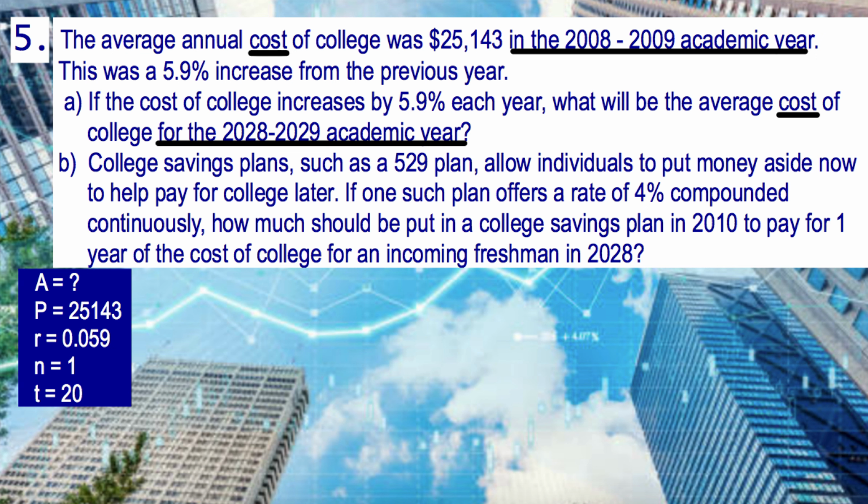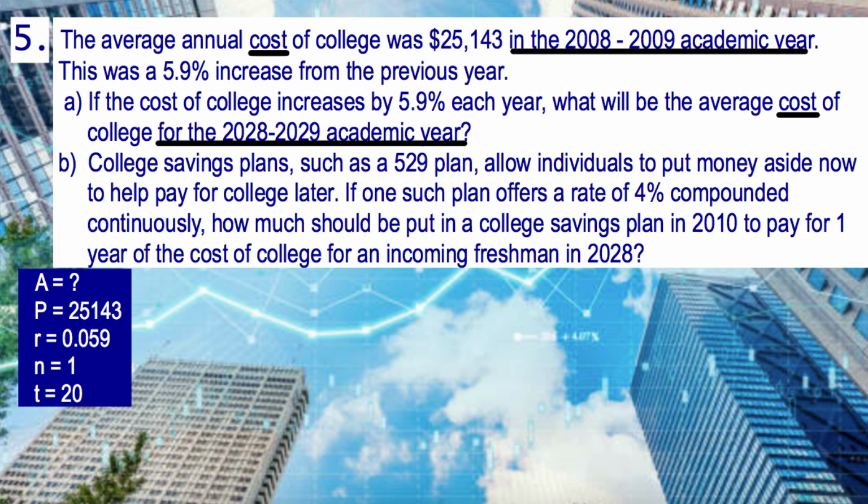And t is equal to 20 because we initially started in the 2008-2009 academic year and we terminate in the 2028-2029 academic year. Thus, there are 20 years that pass. Write the periodic compounded interest formula.